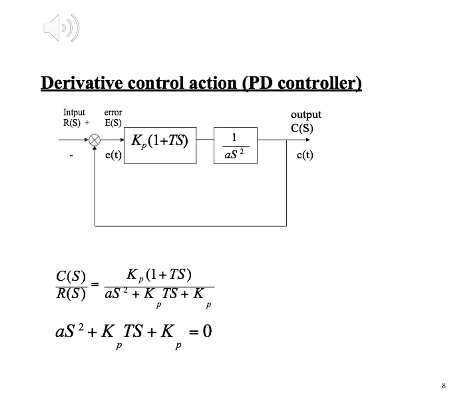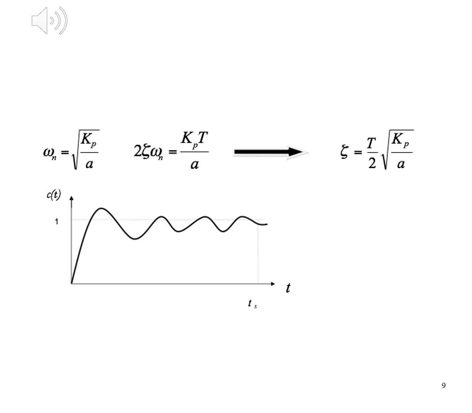Therefore, the characteristic equation will be as shown in the last equation. Omega n and zeta can be easily calculated. The condition for the stability of this system is that all coefficients are positive, and the response of the system for a step input will be as shown.